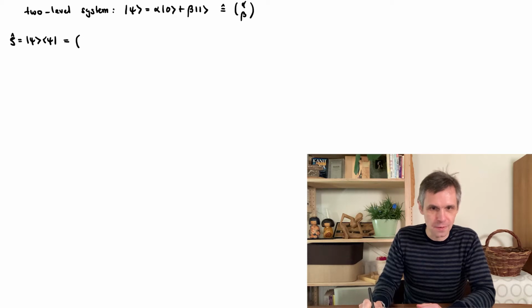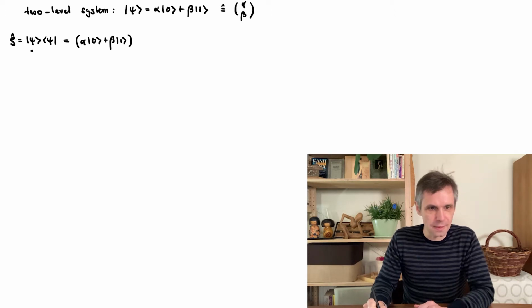Now here we just have our normal quantum state, alpha 0 plus beta 1. So this covers this part here. And then we have the dual state. For this we then have this complex conjugation of the coefficients.